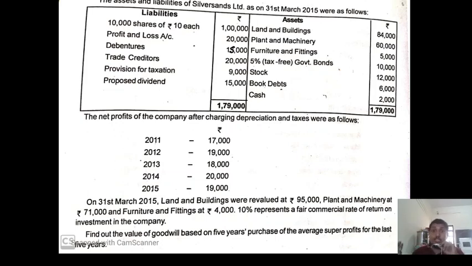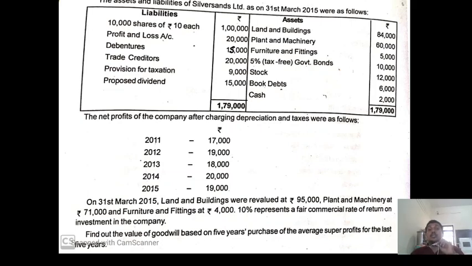So this income is not the business income. This is outside income, right? So when we reduce current year income, our current year income, please remember, is not 19,000. Our current year income is 19,000 minus this 500.